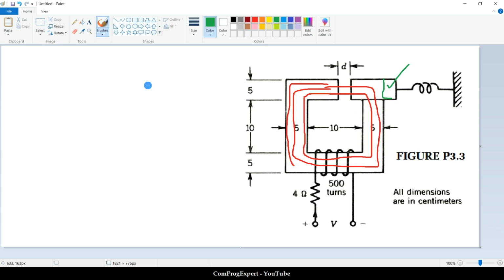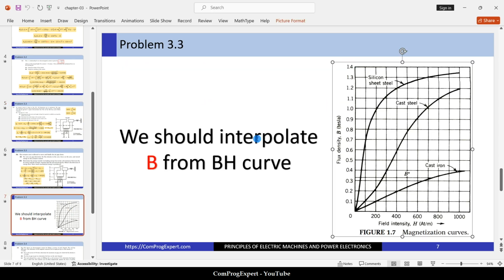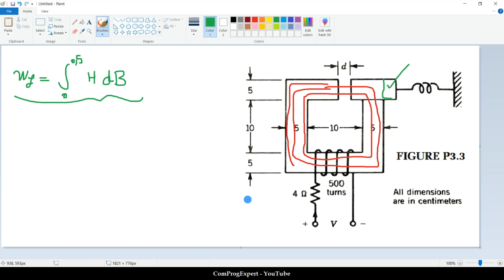So how can we calculate the stored energy? The energy density is equal to the integral from 0 to 0.5 Tesla of H dB. Okay, this equation. And this is the BH curve for this material.